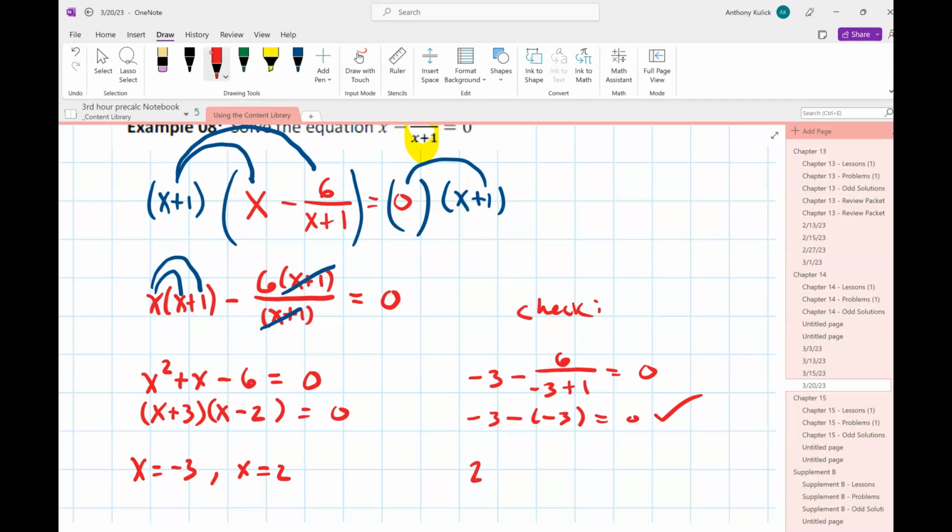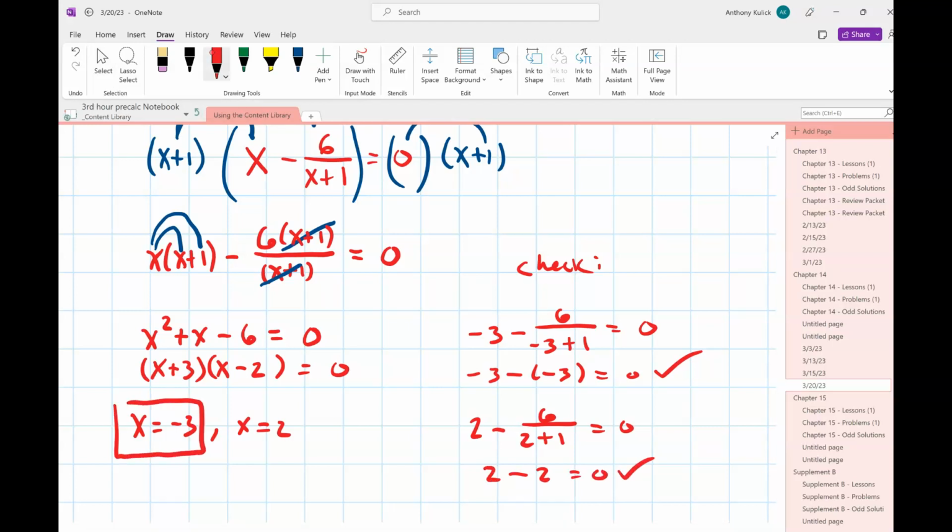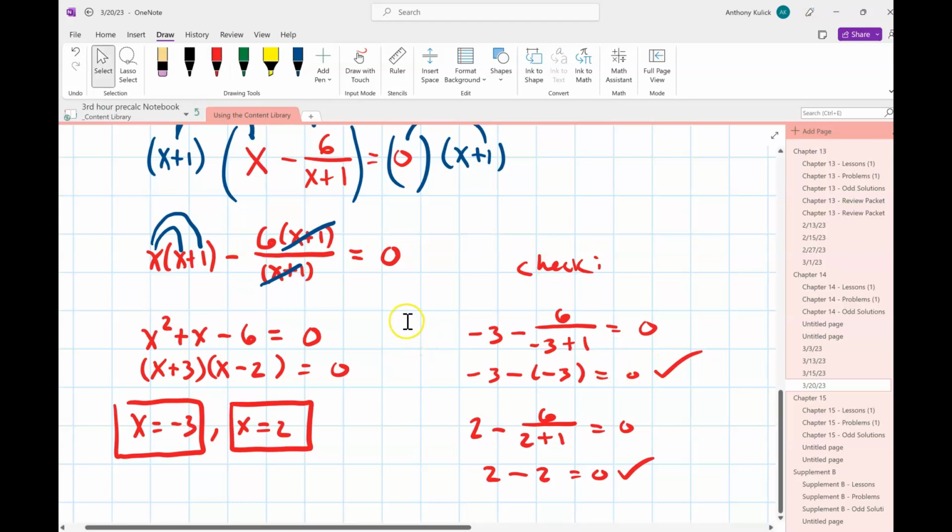If I do 2, two plus 1 is 3. 6 divided by 3 is 2. So both of those worked. I'd consider both of these solutions.